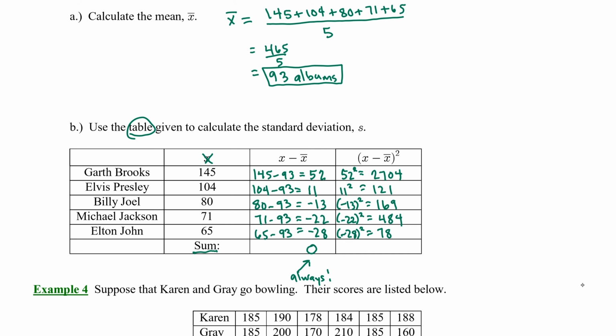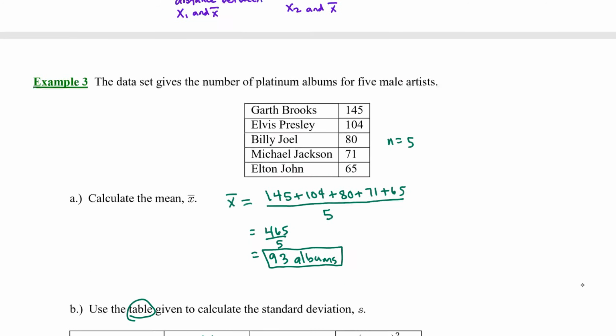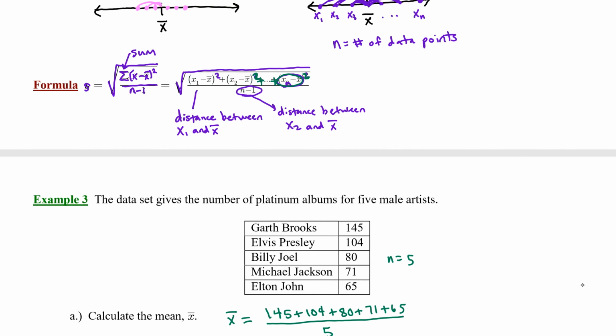We get 784. Okay, now that we've squared all of these differences, let's look where we are in our calculation up here. We have evaluated each one of these terms. I have the first difference squared, I have the second difference squared, all the way up to the last difference squared. So next what I want to do is add those together. And again, that is executing this big sigma over here.